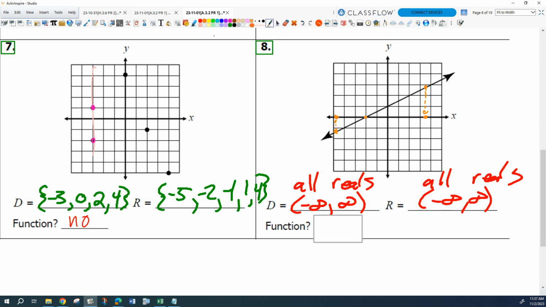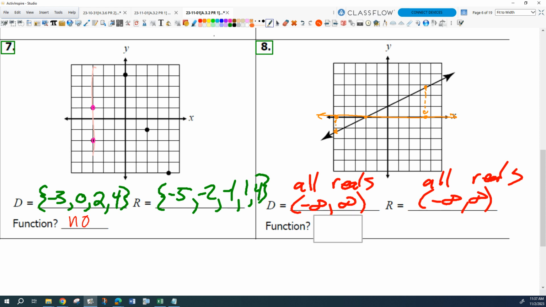Right? But if I did that for all the points on the line, wouldn't those cover the entire x-axis? So did that make sense? If I took all the infinite points on that line and projected them onto the x-axis, they would cover the entire x-axis because the line goes forever. Agreed? So when I do that, I'm just creating a graph of the domain.